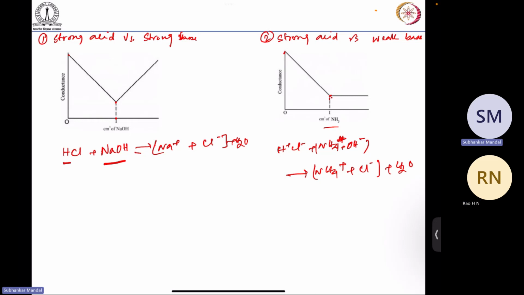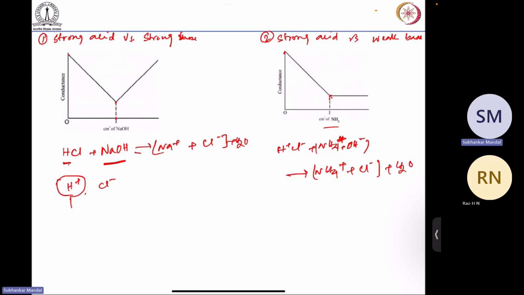So basically, initially we have HCl. In the solution, H plus and Cl minus are there. We know that H plus conductivity is quite high.